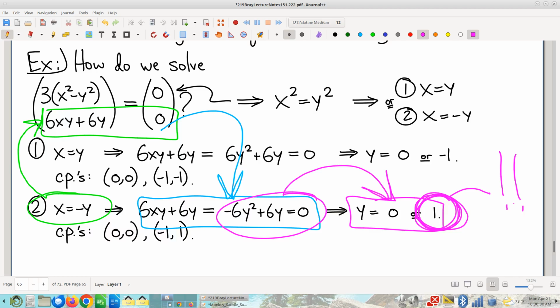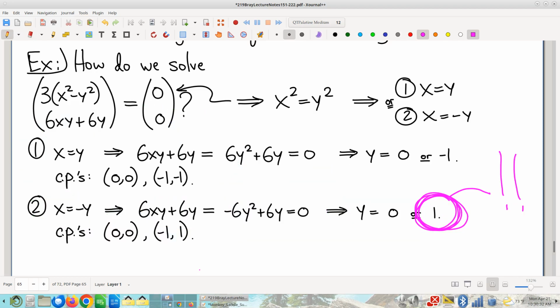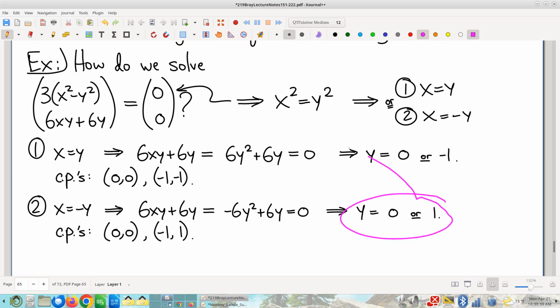And not only is it a different value of y, even if it had been a value of y you'd found before, we're going to take those y values and plug them back into a different case. Right? And so we can get not all the same critical points. Now, okay, sure. One of them we already had.